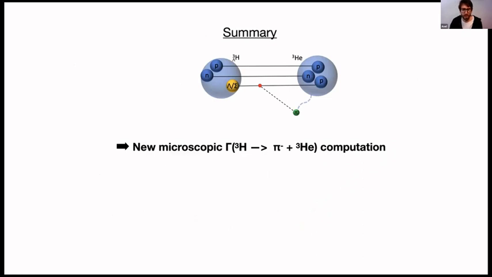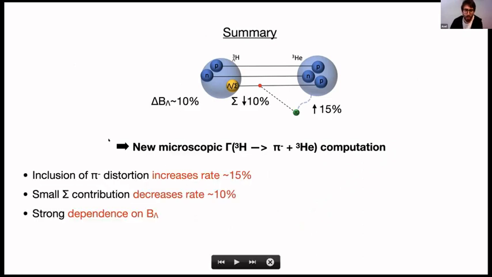Yeah, let me just end with the summary. Importantly, we did a new microscopic calculation, and we saw these 3 main effects: the distortion of the pion due to its interaction with the nucleus increases the rate about 15%. In the opposite direction, we have the effect of the sigma, which decreases it by about 10%. We find this strong dependence on the separation energy at the level of this decay rate.